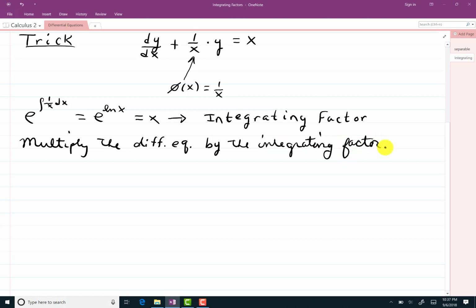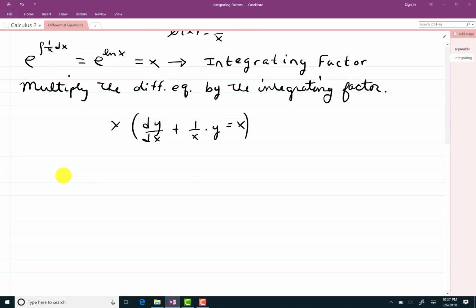So, taking my equation that was dy over dx plus 1 over x times y equals x, and multiplying the entire thing by x gives me the following equation. I'll have x times dy over dx. Of course, when I distribute the x through, it'll wipe out the 1 over x, and I'll get just plus y equals x squared.